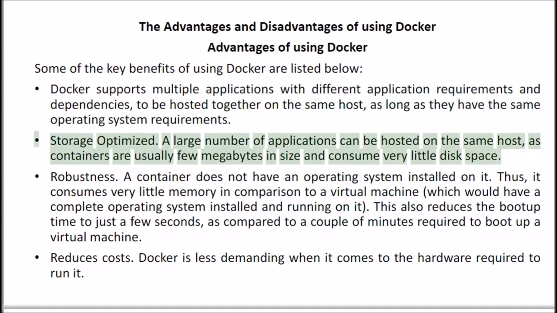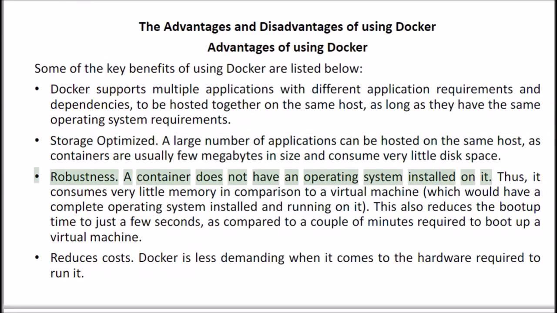Storage optimized. A large number of applications can be hosted on the same host, as containers are usually few megabytes in size and consume very little disk space. Robustness. A container does not have an operating system installed on it.